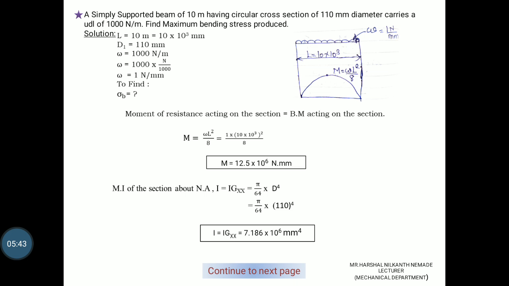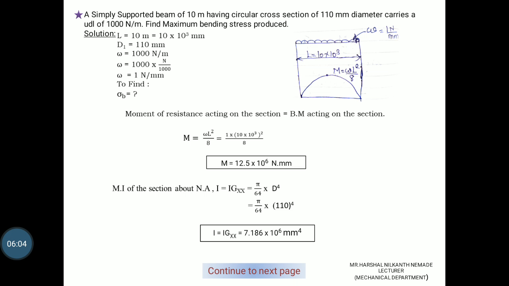The formula you may see in the figure, I have given it two or three slides before. Substitute the values of W and L, you get M is equal to 12.5 into 10 raised to 6 Newton mm.